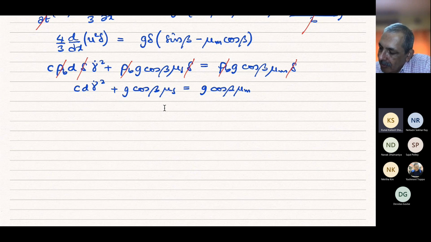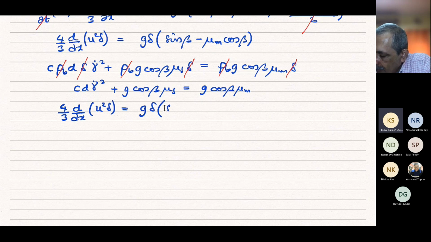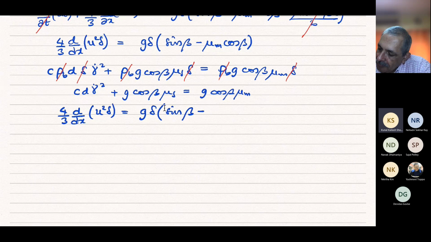So if we do that, then what we will have is 4 by 3 d by dx of u squared delta equals g delta sine beta minus, now instead of mu m cos beta, I can write this as mu s cos beta, and then you'll have one more term, which is the term due to the collisional stresses, which is CD into gamma dot squared, that is the velocity gradient squared by g.